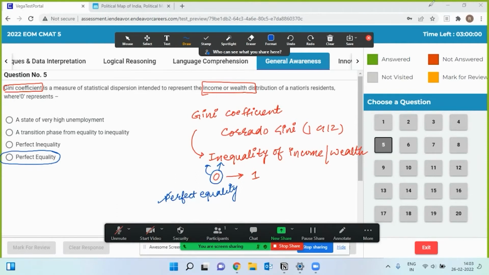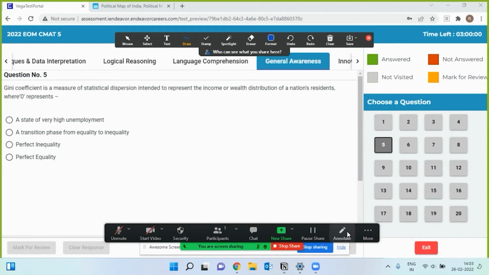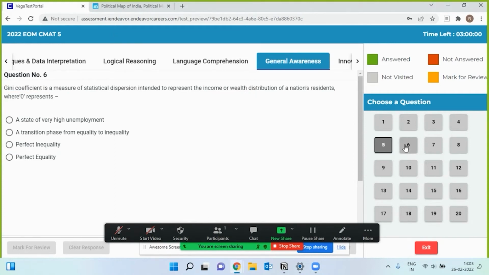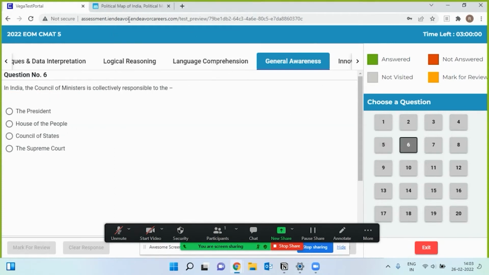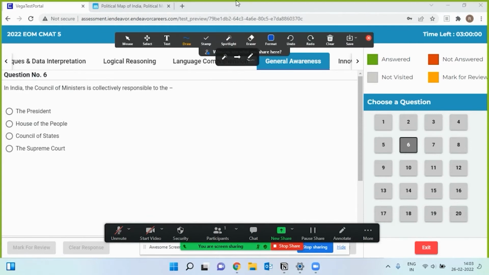Next is question number 6. Question number 6 is about, in India, the Council of Ministers are responsible to which of the four? Council of Minister in Hindi is called Mantri Mandal. Correct?